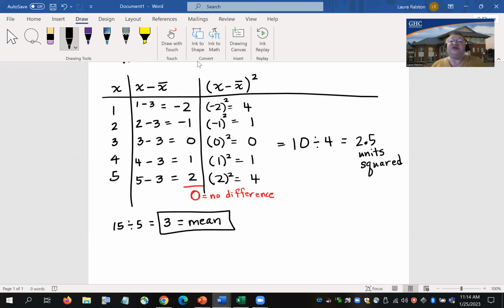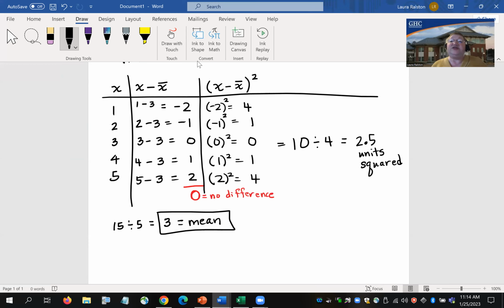One of the things I'll point out here is, how do we use the variance or the standard deviation? Again, those two are probably the most useful. It gives us an idea of that spread. It's probably a little bit more accurate than the range because I'm using all of the data values.